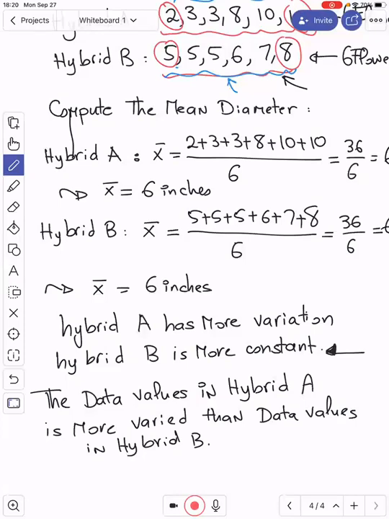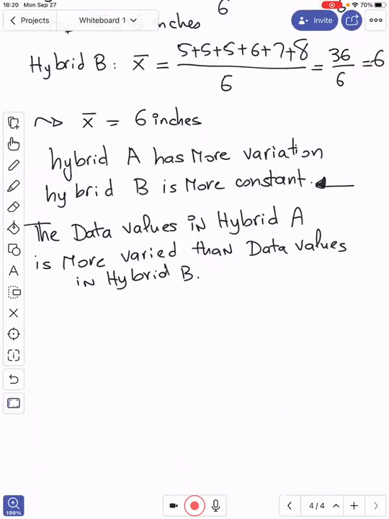I can give you another example. All right, so let's have another example. This is example 2. Let's say we have two data sets.